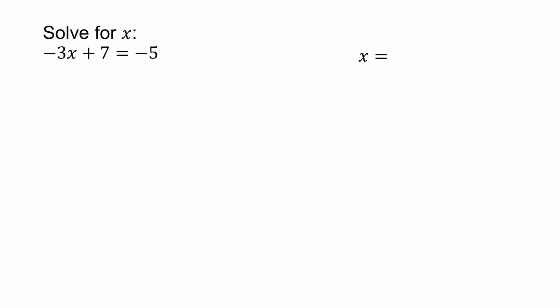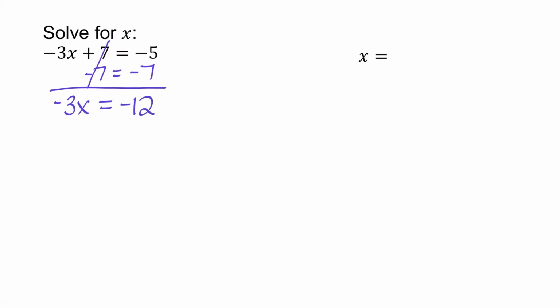So now in this problem, let's try solving for x. We have 3x plus 7 equals negative 5. So to start off this problem, I'm going to subtract 7 from both sides. And that's going to give me 3x, and 7 and minus 7 will cancel, equals negative 5 minus 7, which is negative 12.